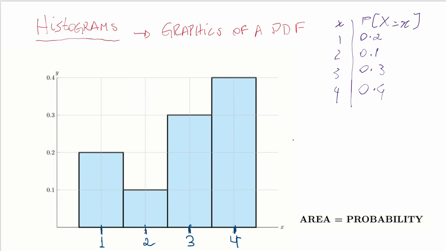Now, the rectangles have to be adjacent to one another, and they all have the same width. So let's get this rectangle here first.